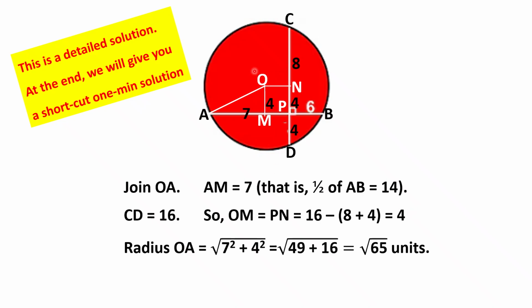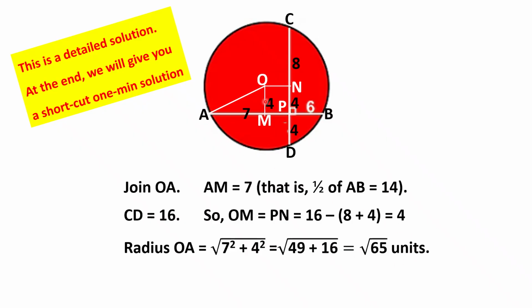So in the right angle triangle, we are getting AM equal to 7 and PN, which is equal to OM, equal to 4. So base 7, altitude 4, so hypotenuse OA, by Pythagoras theorem, is the square root of 7 square plus 4 square, that is square root of 65. So root 65 units is the radius.